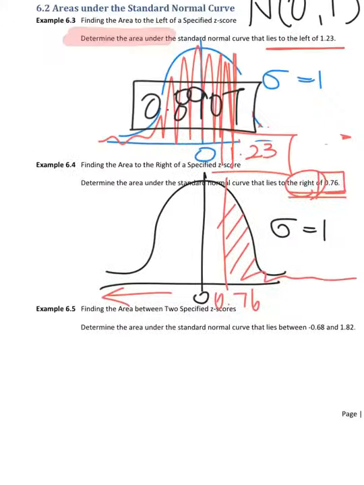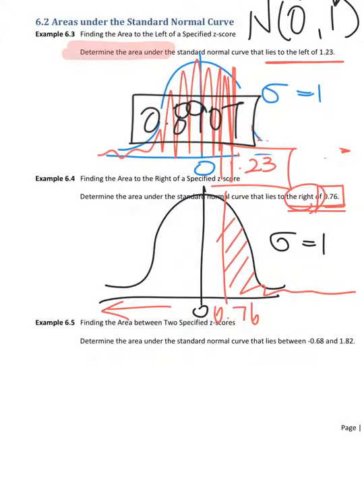Let me take it. Just a second. We need the probability here, right? It's bigger than positive 0.76.